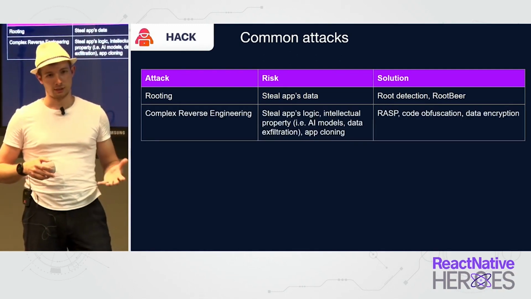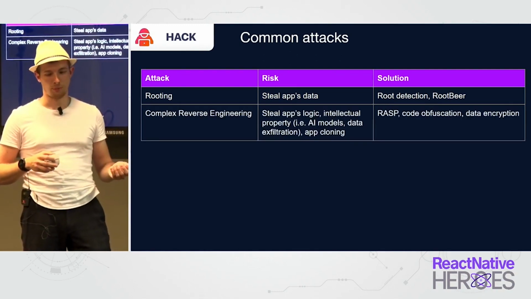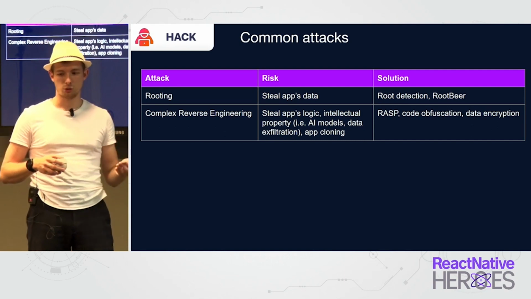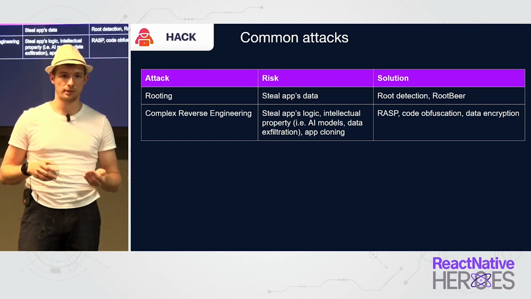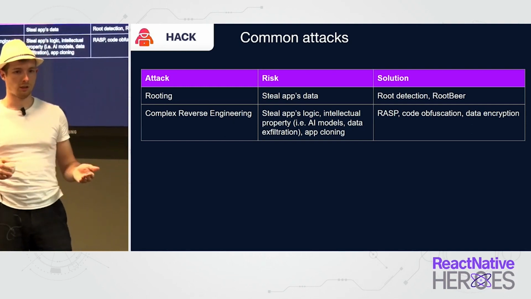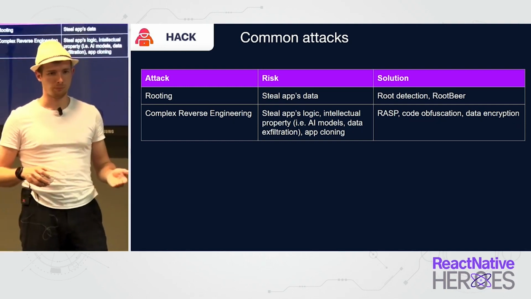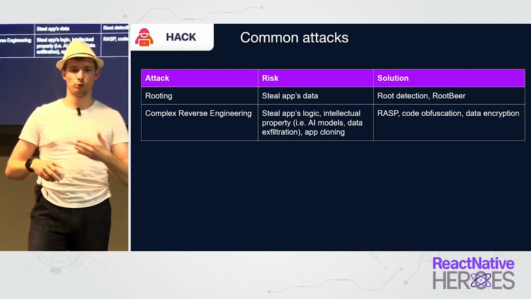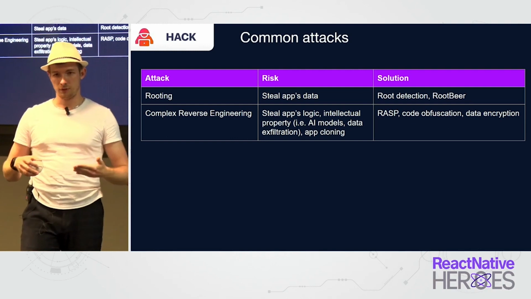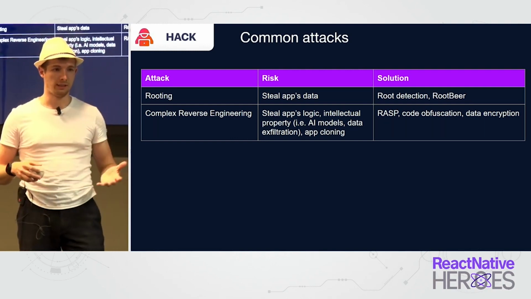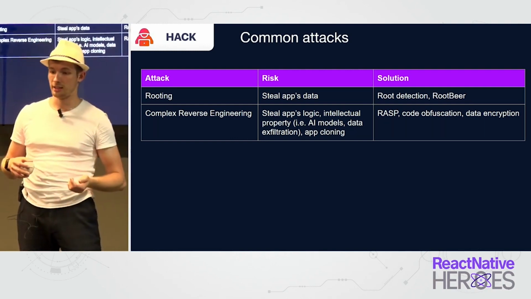Then there is a bigger area, which is complex reverse engineering, which can lead to loss of your application logic. For example, if you have some expensive machine learning algorithms, or you simply want to hide how you do something from others, and other things which can be lost or extracted from your application this way.